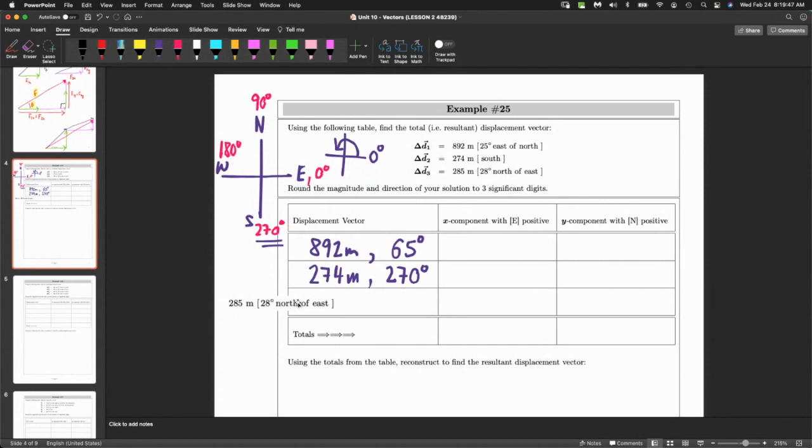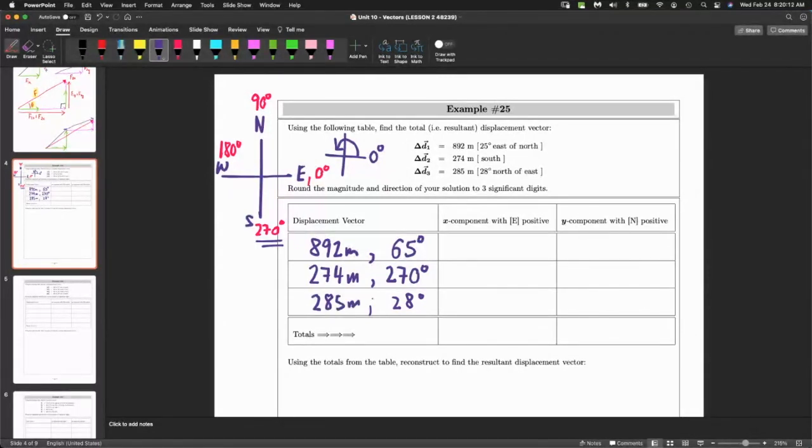Okay, your turn. Can someone tell me in the chat what 28 degrees north of east is? Yeah, it's just 28. So a nice and easy one to finish there. So there you go. We have all the numbers that we need to create the components.